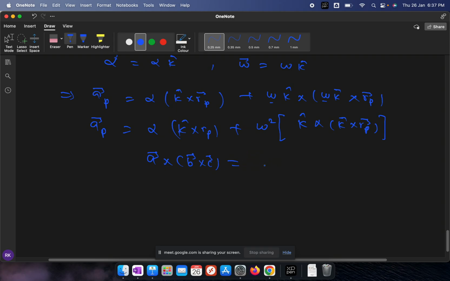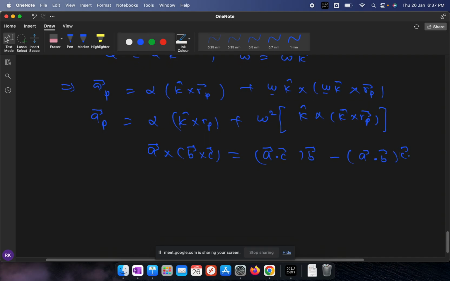Okay, so that is nothing but a dot c b vector, minus a dot b c vector. Just apply this here, so that will be AP equal to alpha k cross rp plus omega square, and that is a dot c.